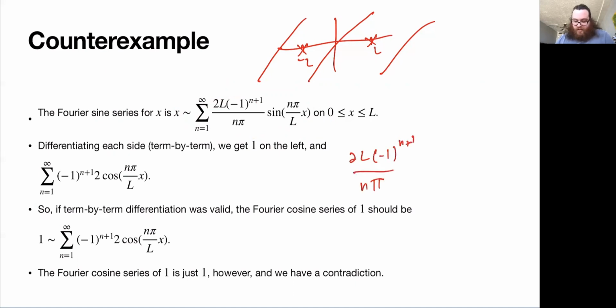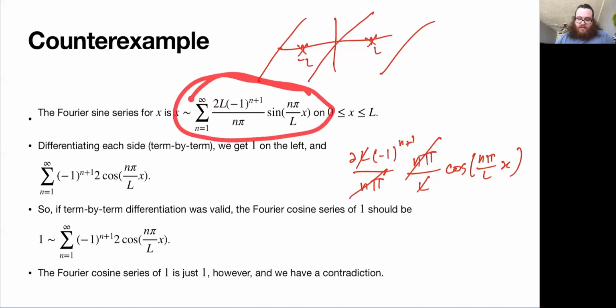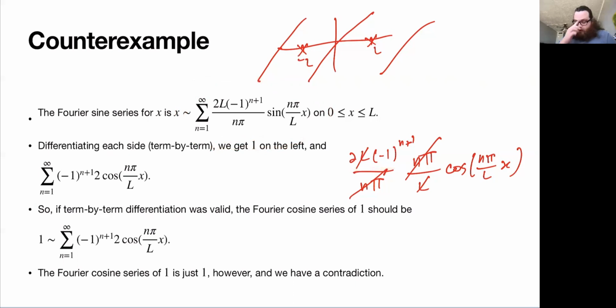The derivative of sine(n pi over L x) is n pi over L cosine(n pi over L x). So we get cancellation with the n pi's and with the L's. So the term-by-term derivative of this thing is going to be 2 times (-1)^(n+1), all times cosine(n pi over L x). And so that's what's written right here. Okay, so that's what we get by differentiating the series term by term.